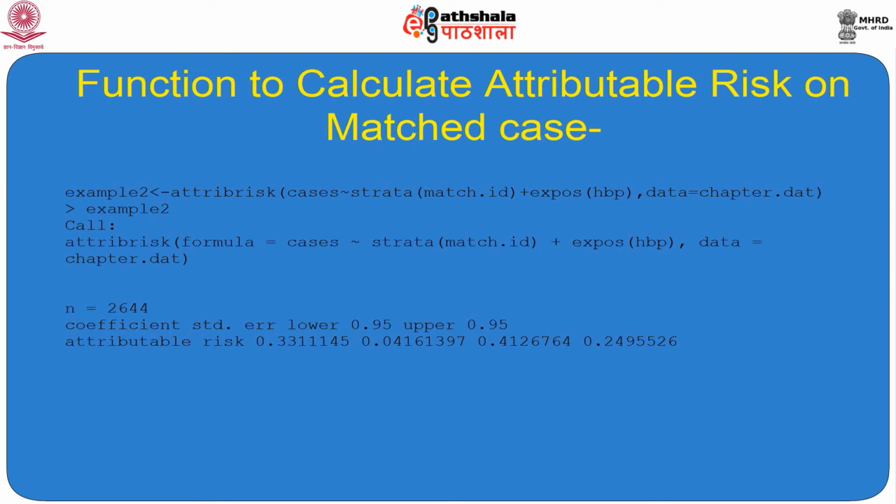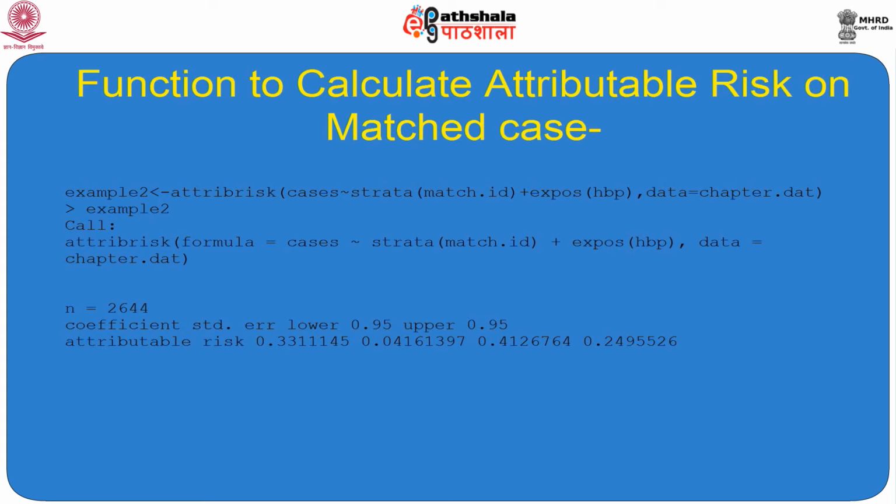Once we consider the match.id, cases and controls are matched with respect to diabetes mellitus, ISD, and HBP. Now, once this is matched, we try to find out the influence of HBP, high blood pressure, on cases for the data chapter.dat. So this is the meaning of these functions.